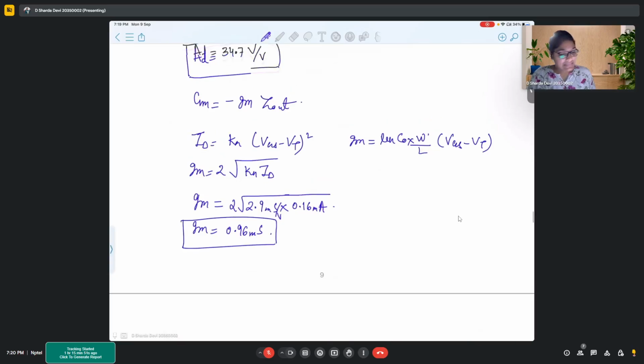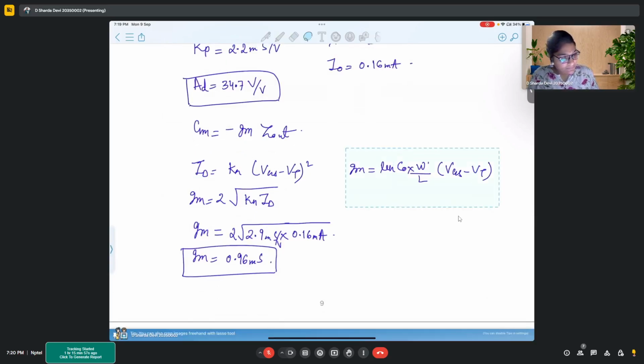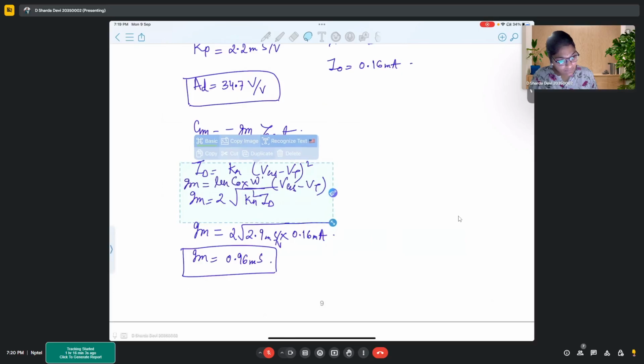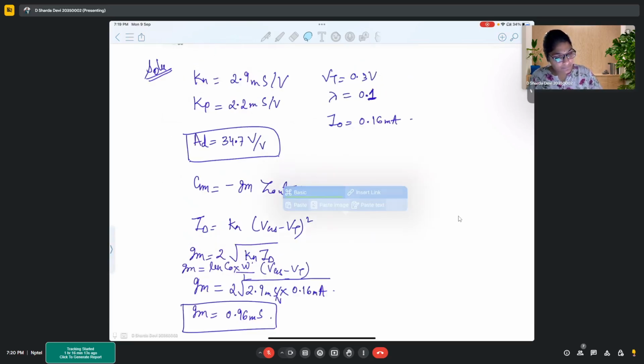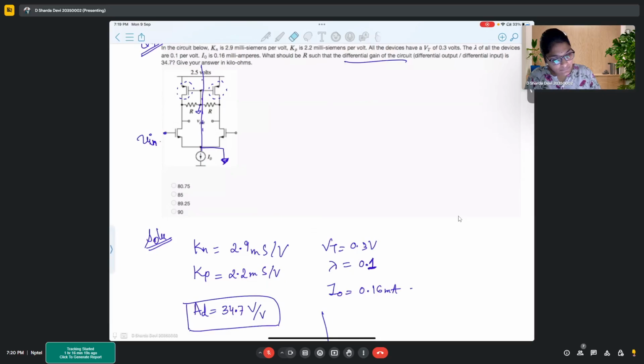Now, when we talk about Z out at this particular point, we have Z out looking from this point, so from top and from bottom.